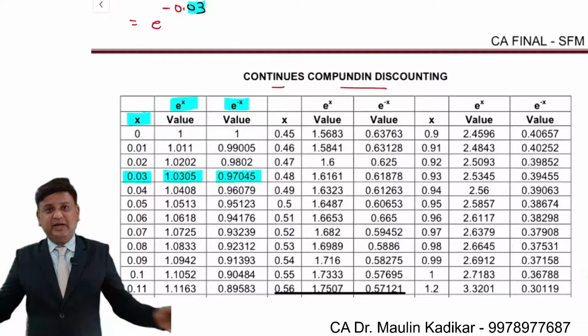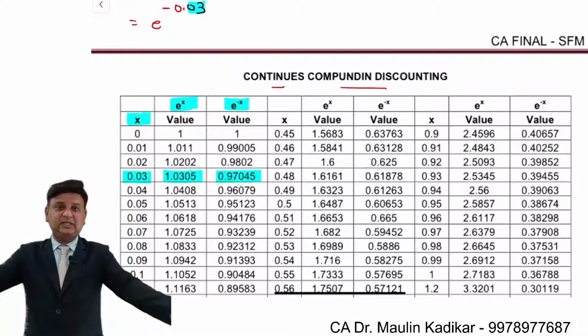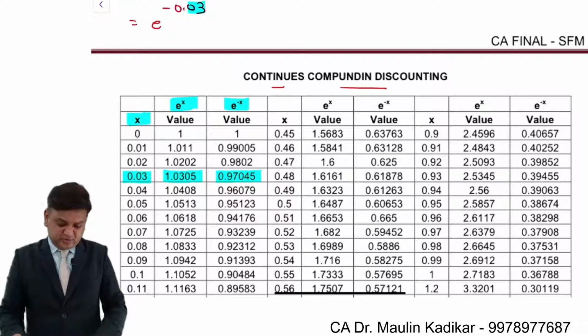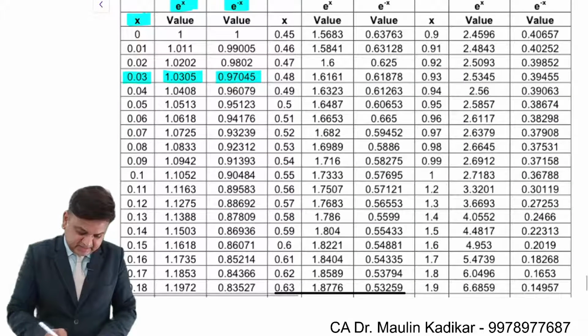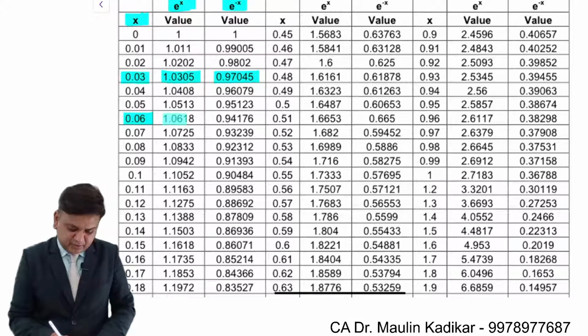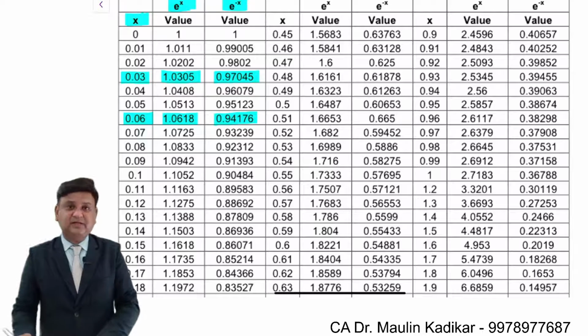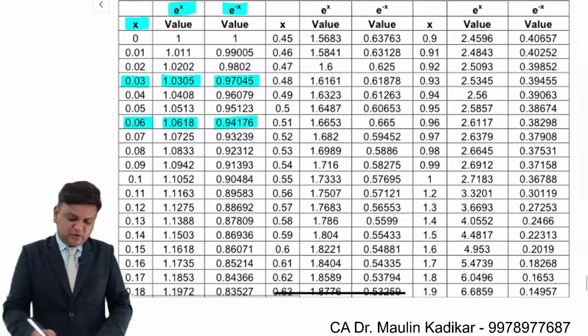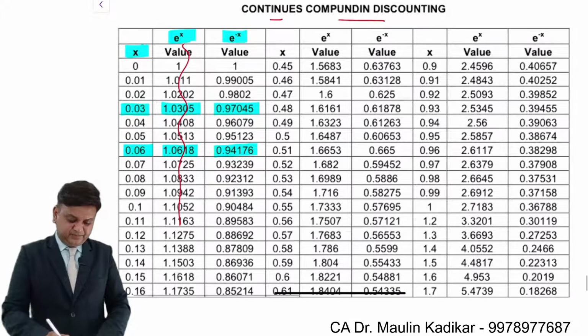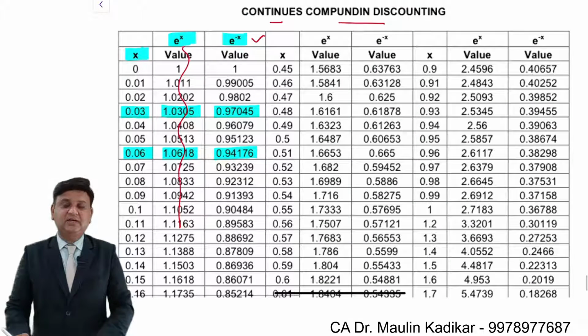Suppose the time period had been 1 year, then it is e raised to 0.06 into 1, that is e raised to negative 0.06. Then over here at 0.06, the compounding factor is this and the discounting factor is this. Of course we are not interested in the compounding factor. We are always interested in the discounting factor. This is what we understand.